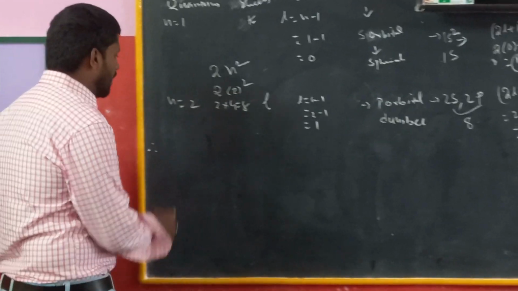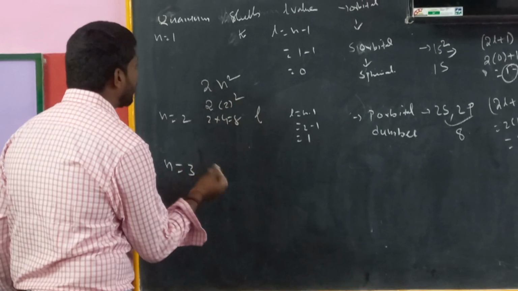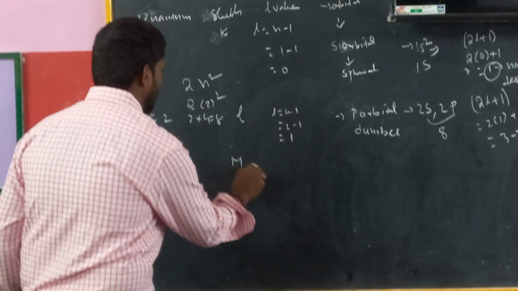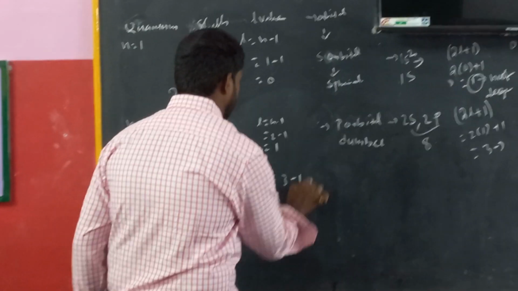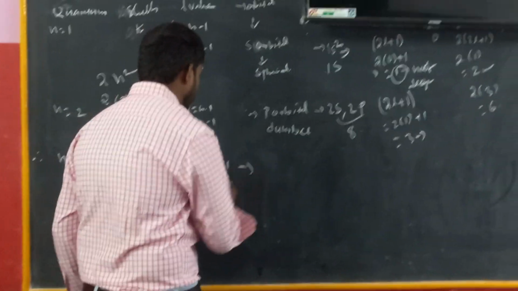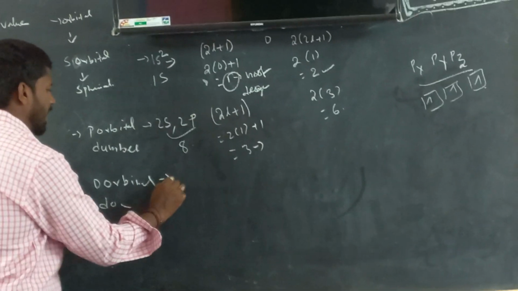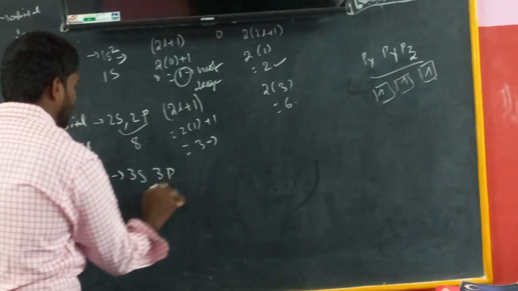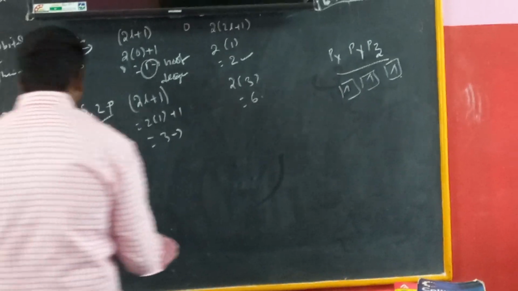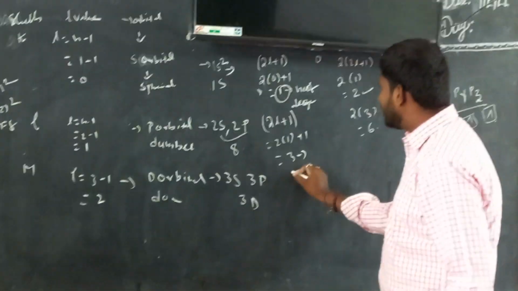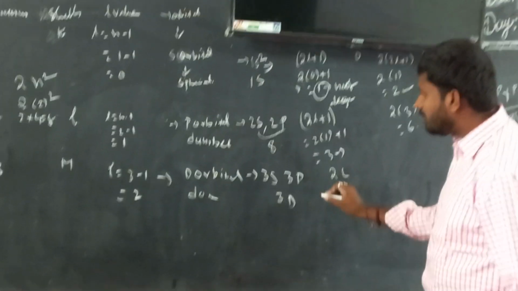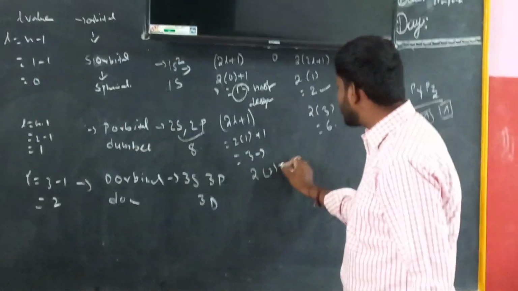Then if n is equal to 3, it belongs to M shell. l is equal to 3 minus 1, l is equal to 2. l is equal to 2 means a d orbital. D orbital is nothing but double dumbbell shape. Here 3s, 3p, 3d. Let us see how many degenerate orbitals are present in d. 2 into 2 plus 1, 5.